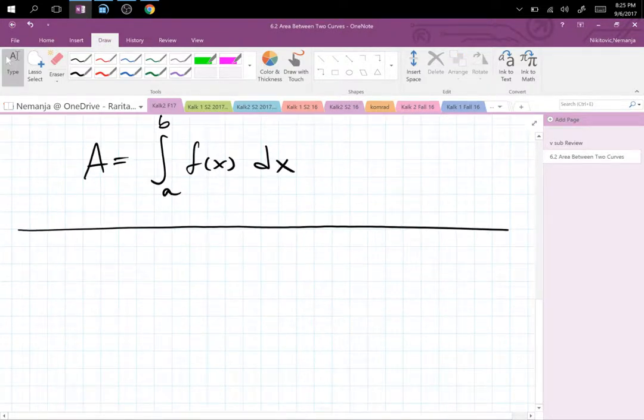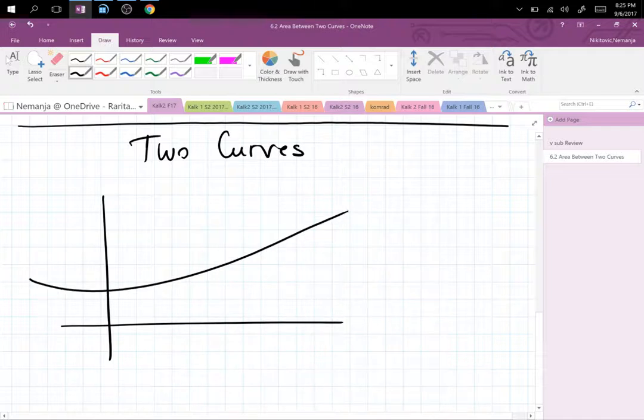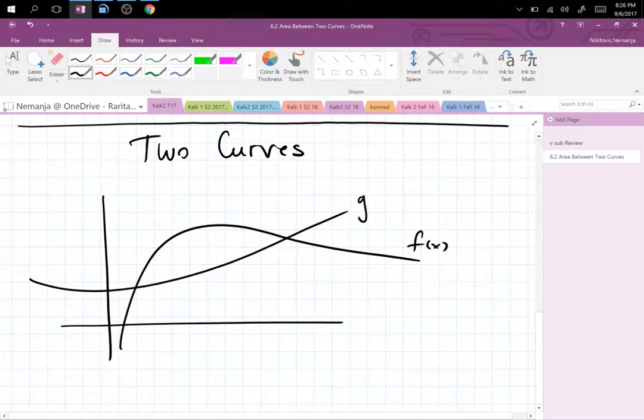But we are interested in 2 curves. So if I have a situation like this, where I have function f of x and g of x, and I am interested in the area between the 2 functions, between a and b.